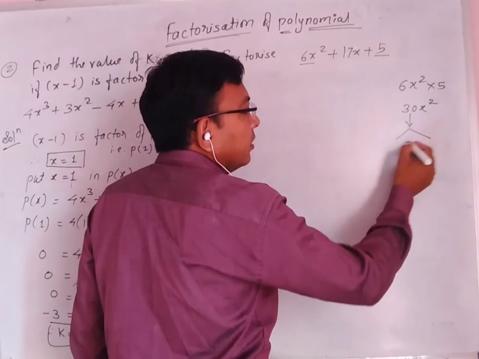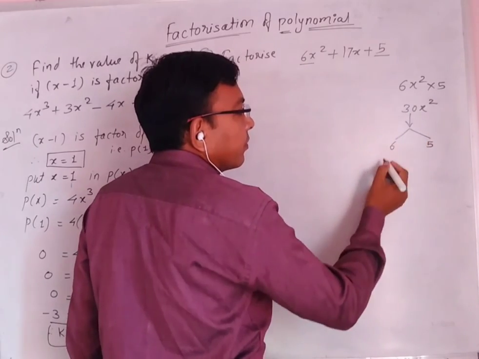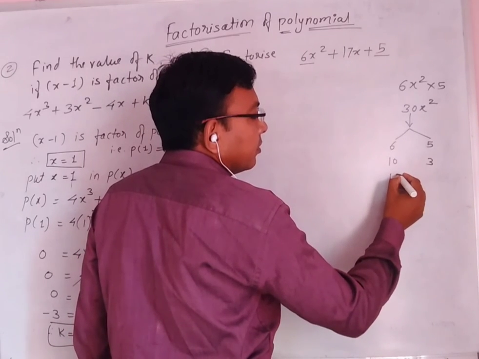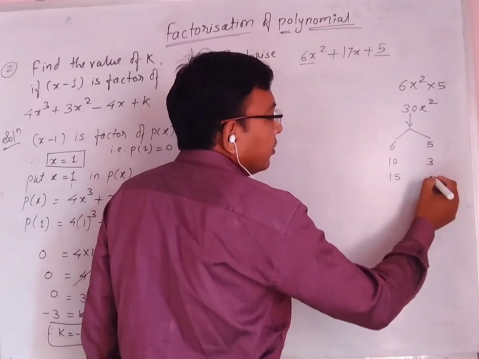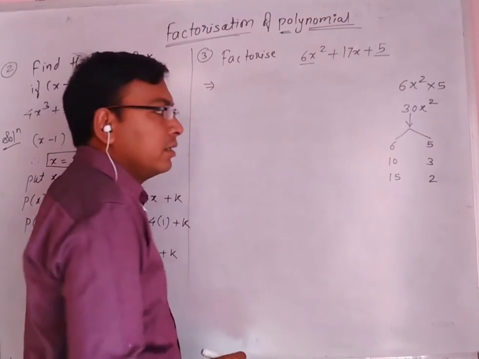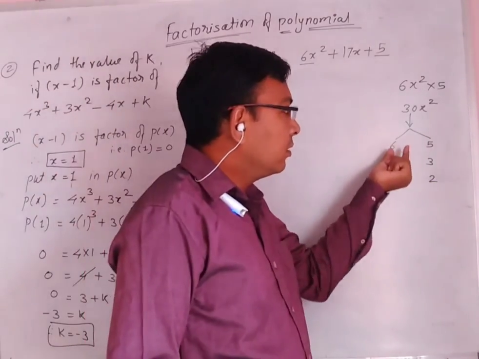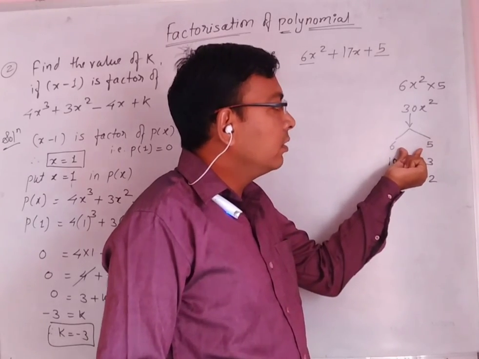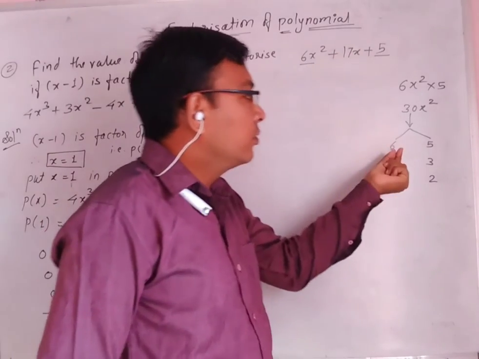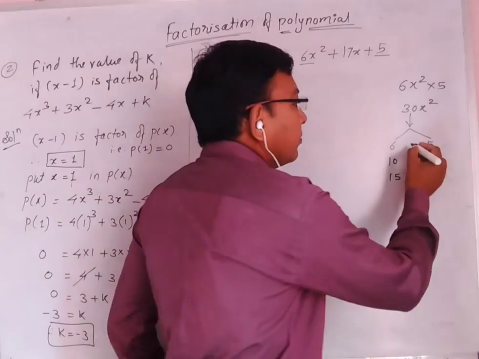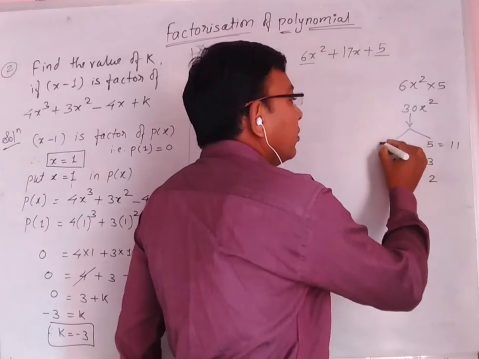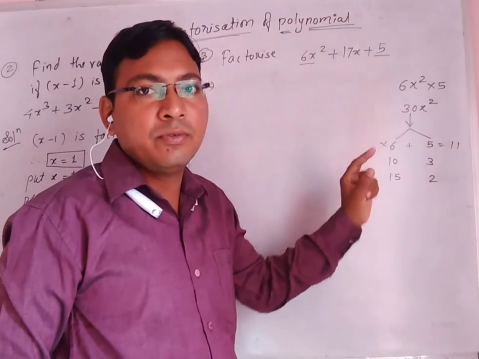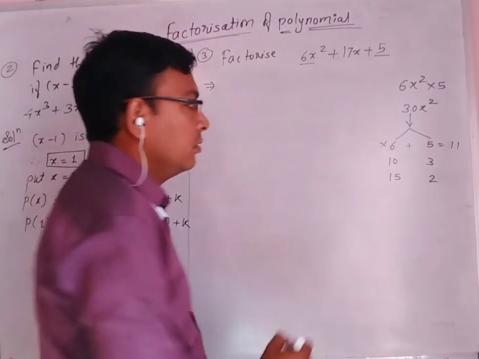The factors of 30 are 6 into 5, and 10 into 3, and 15 into 2. So these are the factors. Take the first pair, 6 and 5. When we add these factors, we should get the middle term. 6 plus 5 is 11, but this does not give 17. So the factor pair 6 into 5 does not work.